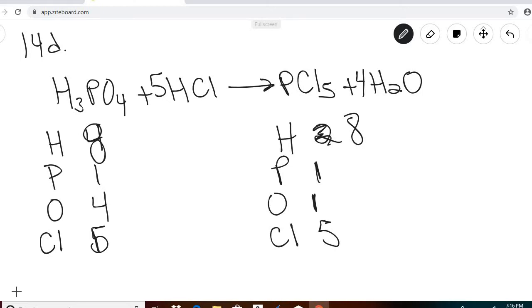Actually wait, so hydrogens we have 5, 6, 7, 8. Yeah, we have 8 hydrogens there. Okay, so that is balanced now. Oxygens, we have 4, 4. So that's the balanced equation for that one.